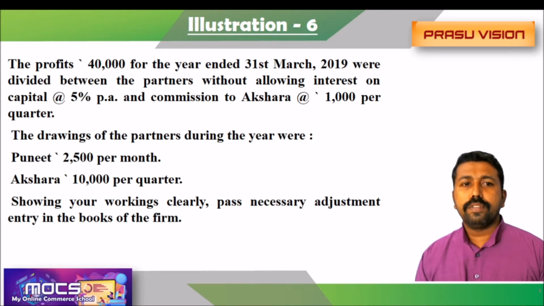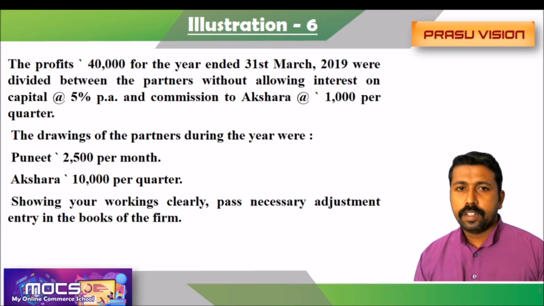The drawings of the partners were Puneet 2,500 per month, Akshara 10,000 per quarter. So remember how to find out the whole year value if it is given in quarter and if it is given in month. And what is the variation from the previous year's question?